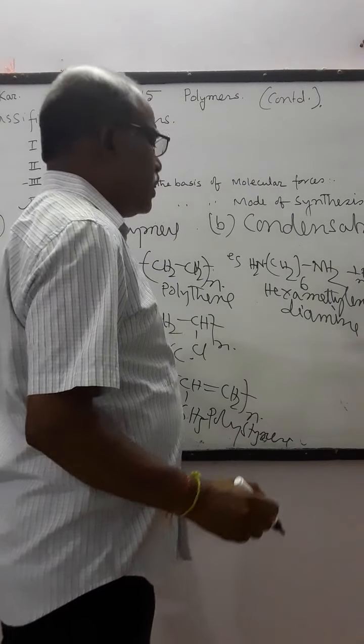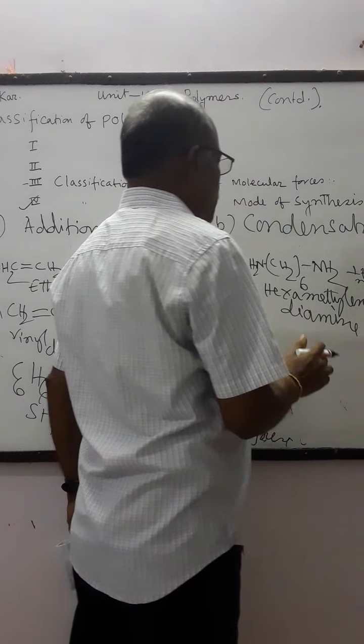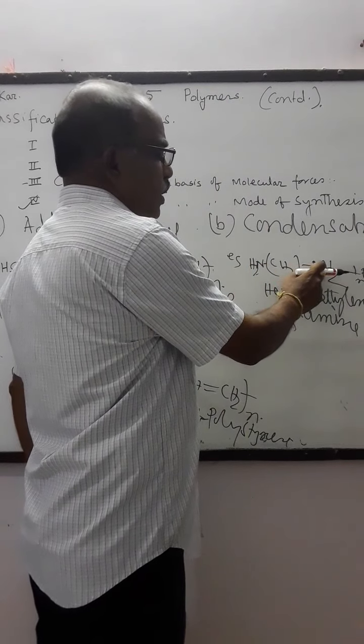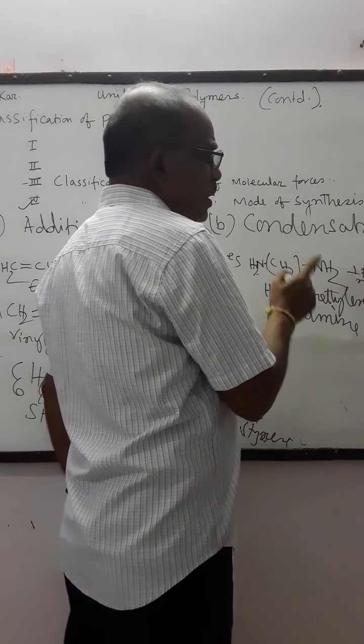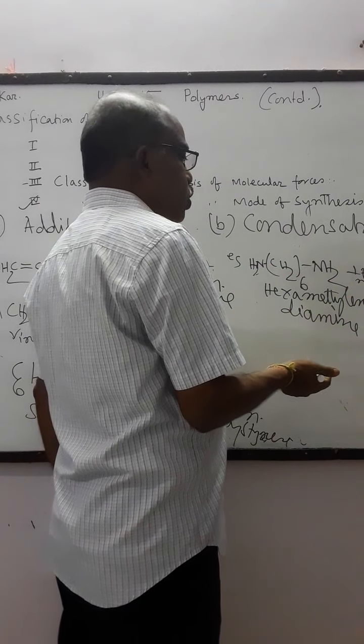Both the monomeric units, hexamethylene diamine and adipic acid, contain bifunctional group. That is, there are two functional groups, NH2, NH2. Here also two functional groups. So monomeric unit may contain two functional groups or maybe trifunctional group.